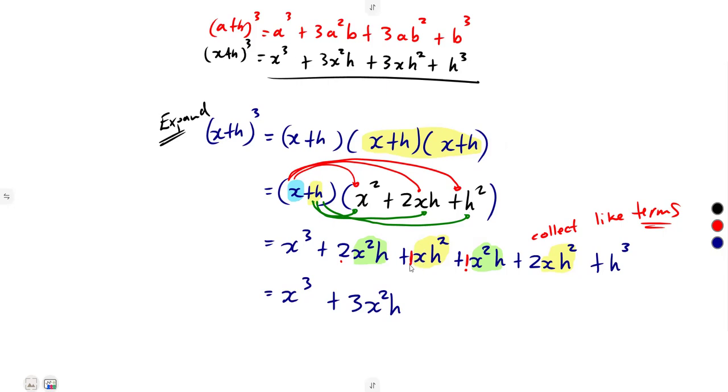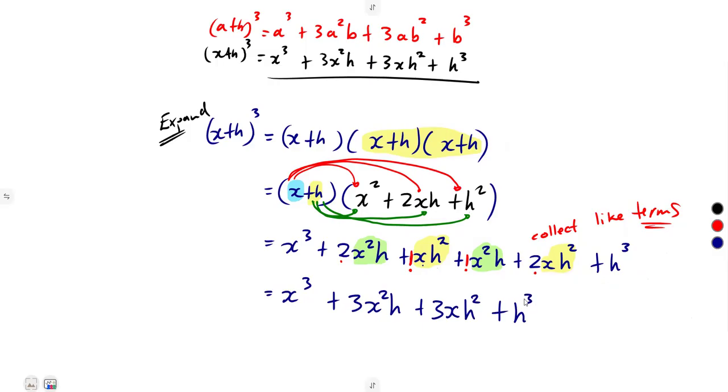So that's 1 plus 2, which is 3. So that's 3x h squared. As we can see, we are done with the like terms. We are just left with this last term, h cubed, and this one is not a like term.